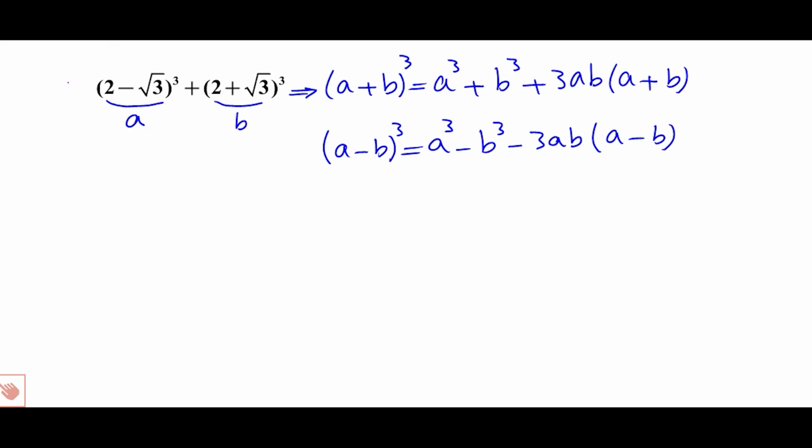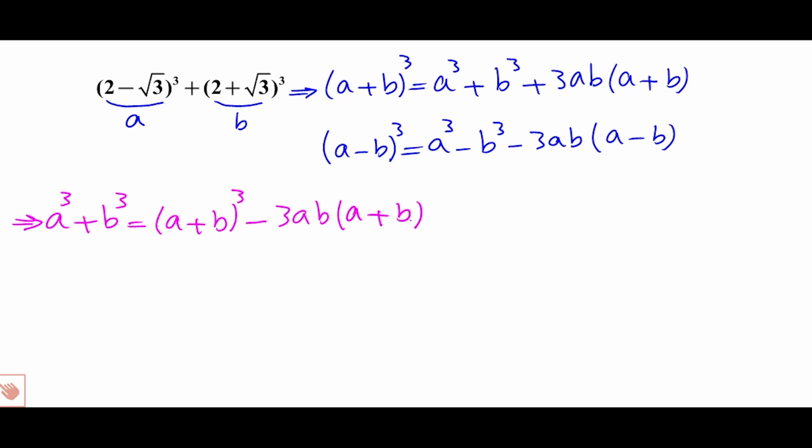So we have a cubed plus b cubed is equal to a plus b whole cubed minus 3ab times a plus b.